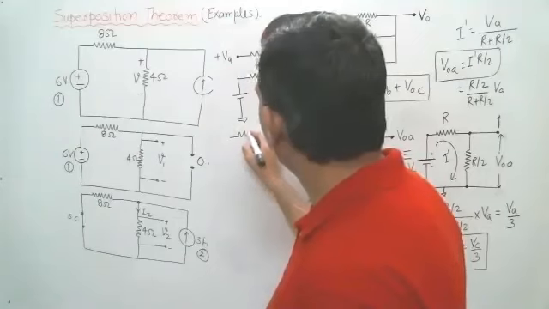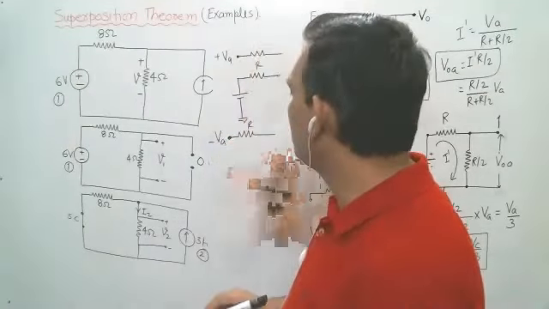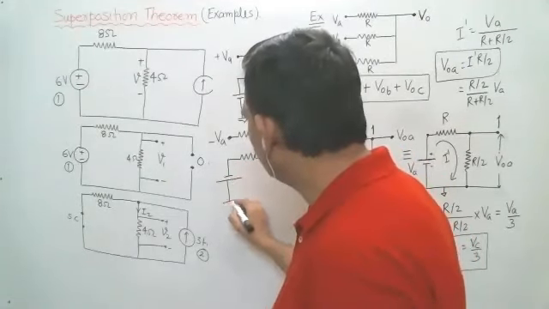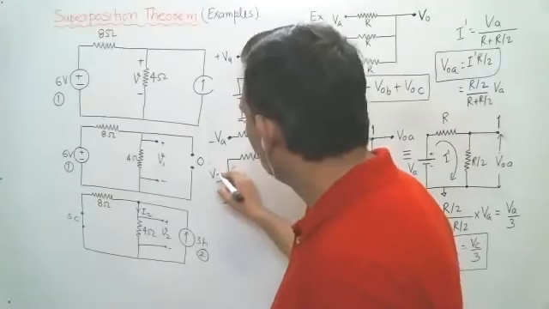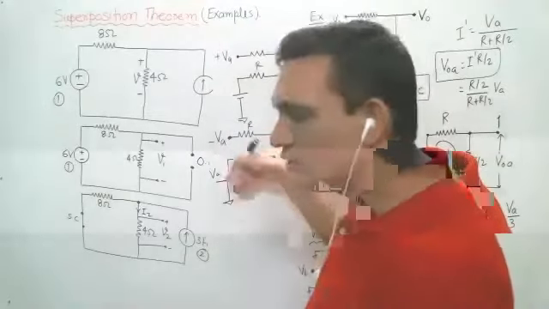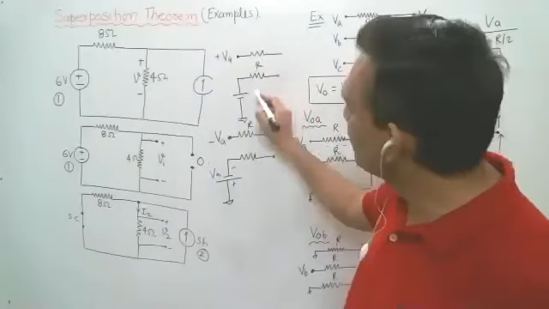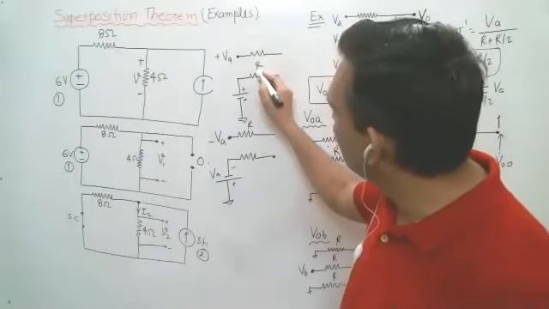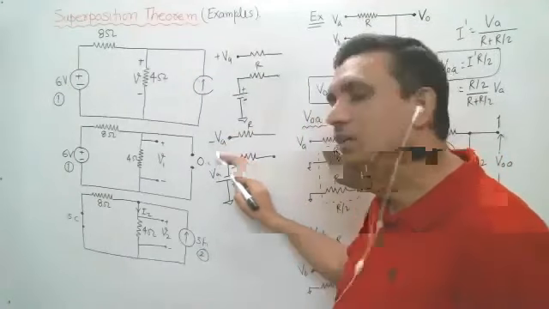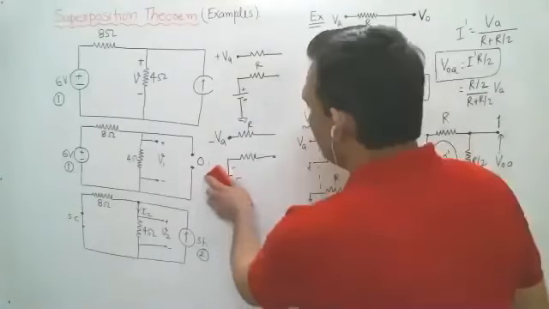Sometimes a voltage source is also given in this form. If this is minus VA, it means plus is connected with this end in one case; when it is plus VA, the plus terminal is connected with R and the minus terminal is grounded. When it is minus VA, the minus terminal is connected with this end and the plus is grounded. Is it clear? Thank you, sir.